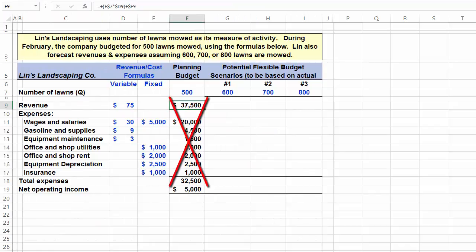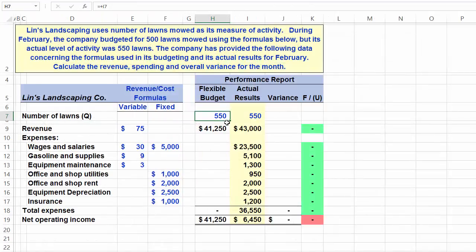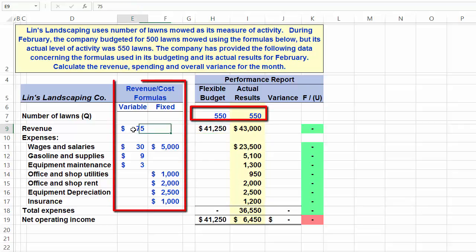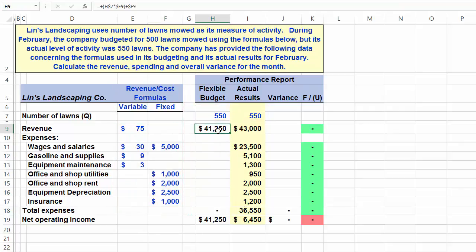The only thing that's valid now is that we consider the actual number of lawns that we mowed, 550, and we use that number of lawns to project what our revenues and what our expenses will be using the original cost formulas.